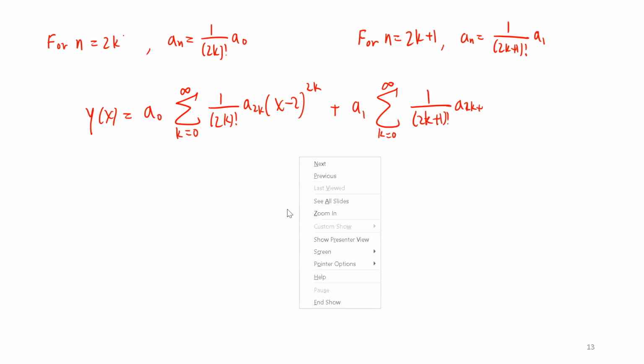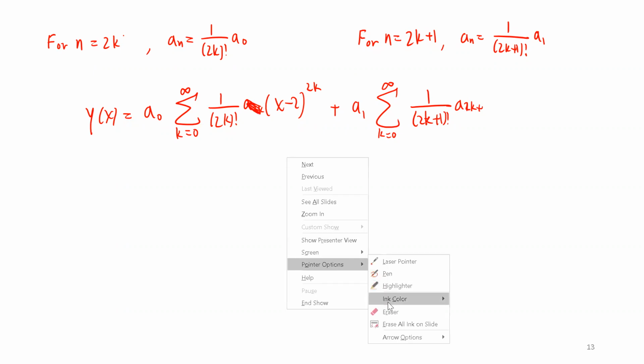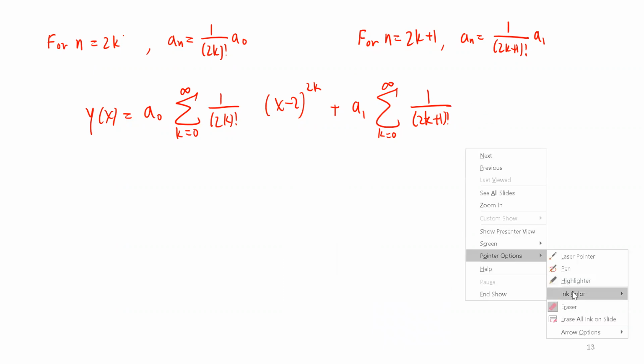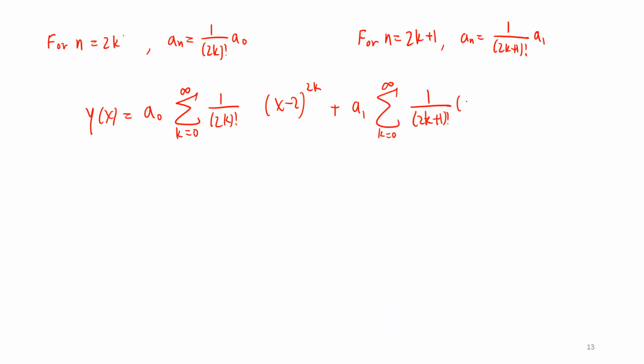Sorry, this 1 divided by (2k) factorial is already the term. My mistake here.